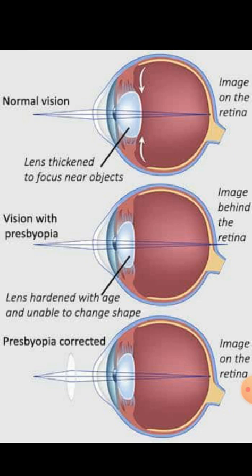I repeat, it is observed generally in old people, because the ciliary muscles get weak and the flexibility of the eye lens decreases. Because of this, they lose their power of accommodation.